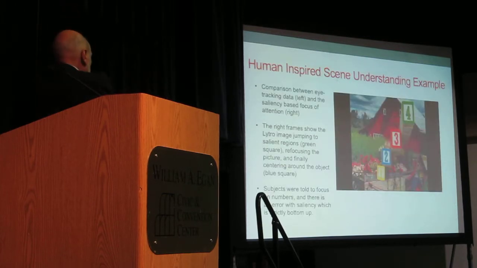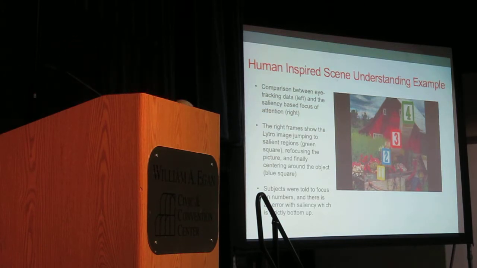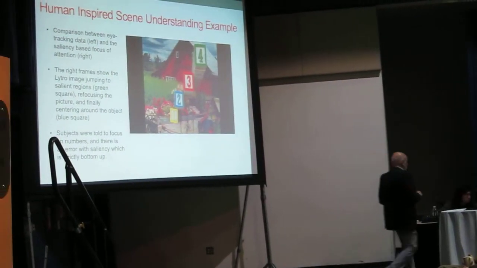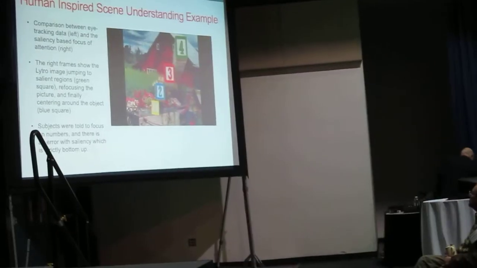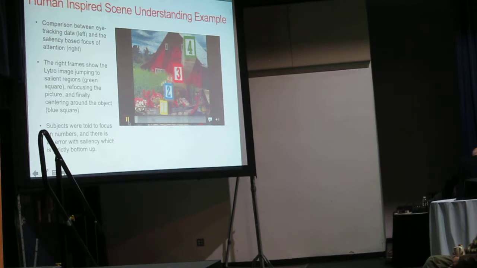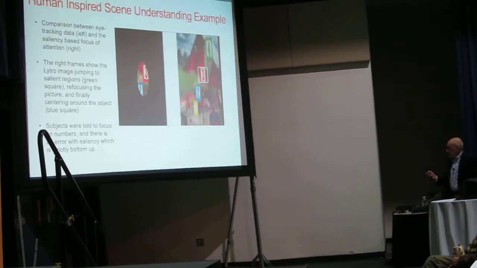I have to go there again because I'd like to show you, for this scene, what the human observers do and what the computer with the saliency is able to do. So this is the focus of attention of the human observer on the picture that I showed you, and this is exactly what our system does.